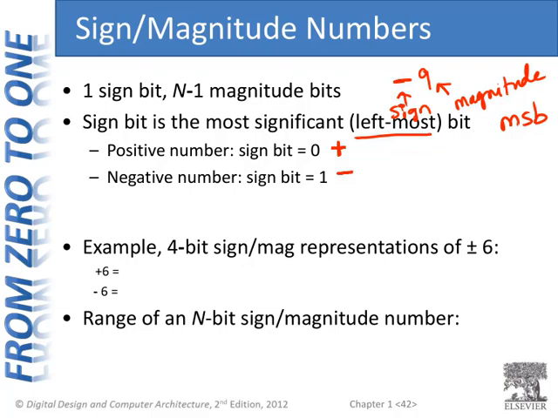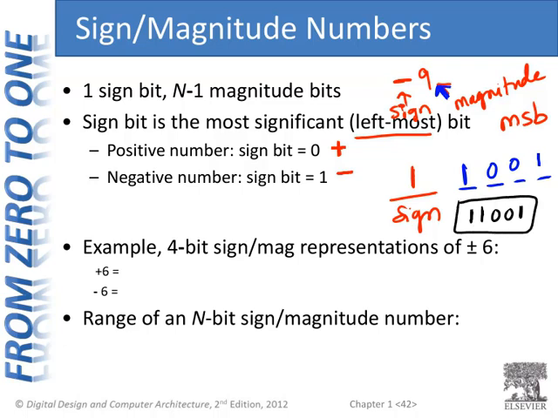So in this case, our sign bit for negative 9 would be 1. And then the magnitude, here's our magnitude, is 9. Well, that's an 8 plus a 1. So this is the sign magnitude representation of minus 9, using the fewest number of bits.